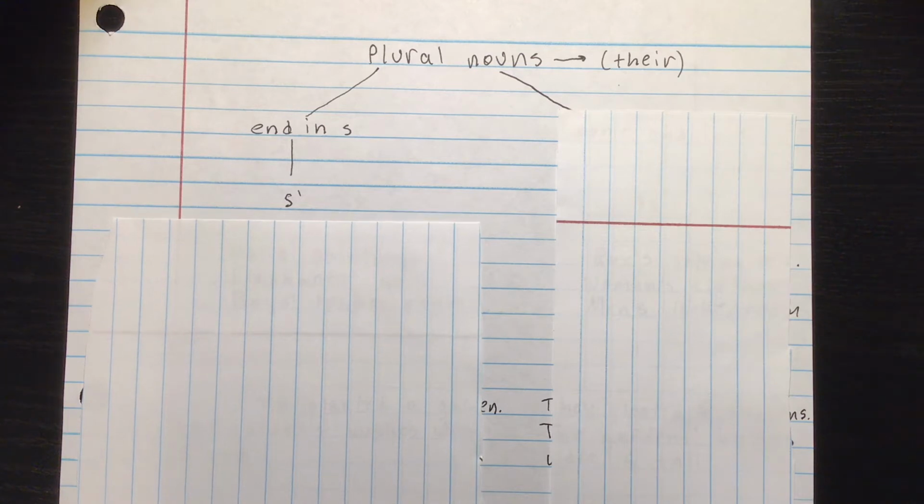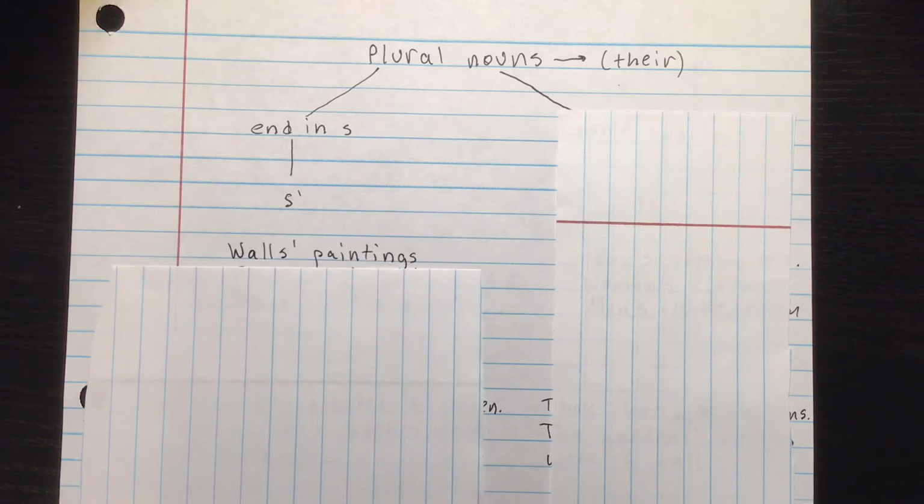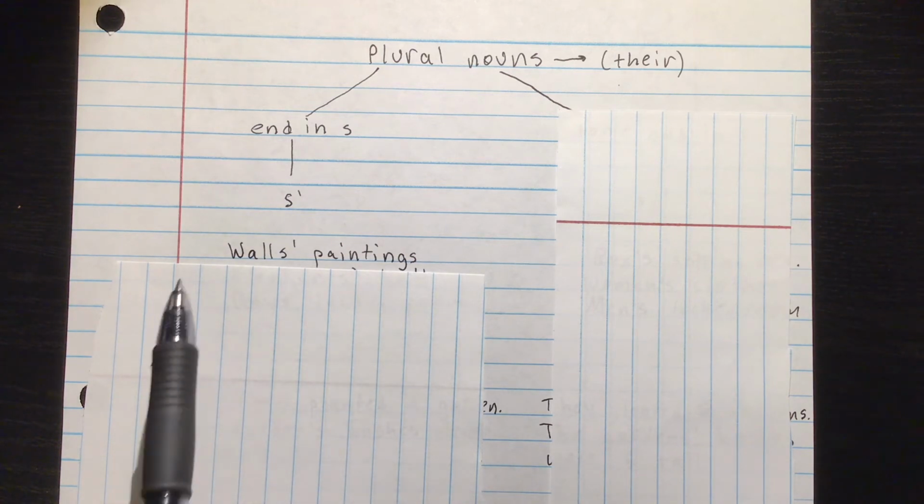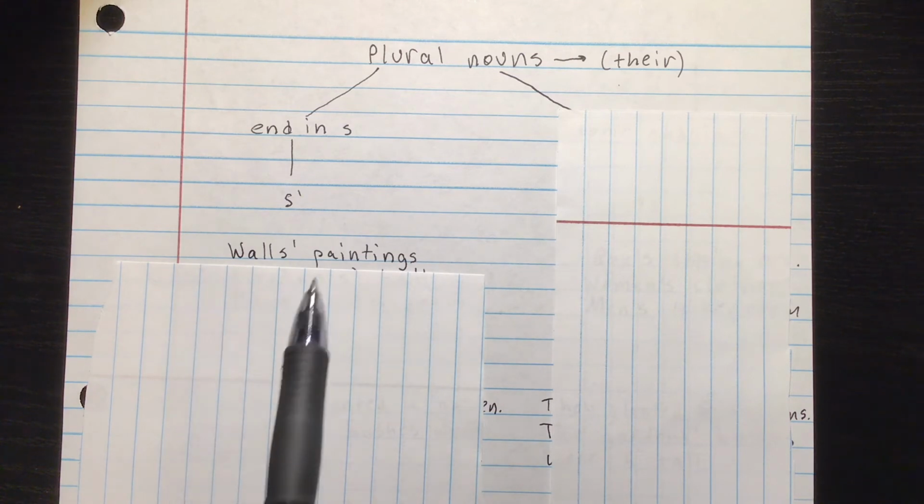So if we look at a couple of sentences, if I have a four-wall room, for example, and the room's walls are covered in paintings, I would say the walls' paintings, as in their paintings. So we have more than one wall owning the paintings. There are four walls that are owning the paintings. So it's the walls' paintings. It's their paintings.